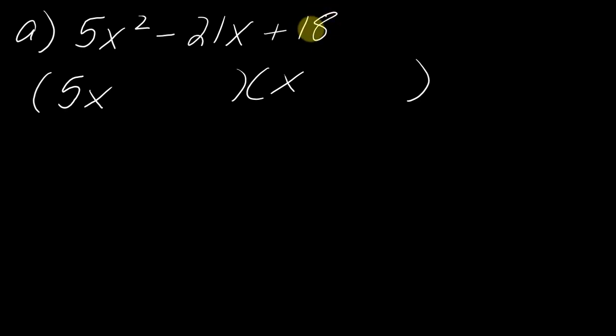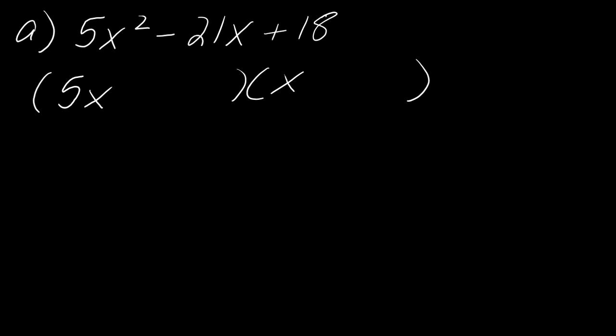Okay, so thinking about the fact that this needs to be positive 18 and this needs to be negative 21, I'm going to try to think through what kind of numbers I want to have bounced off of the 5.